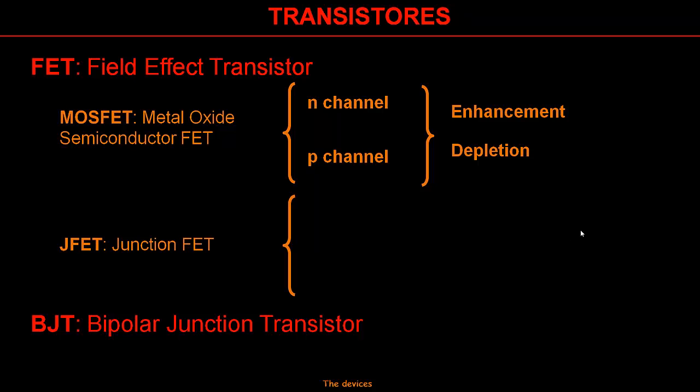Both could be enhancement type if a channel is not built by the manufacturer, or depletion type if it is done by the manufacturer. Finally, bipolar junction transistors can be made only in two ways, using a series of zones N, then P, then N, or instead P, then N, then P. See you in another video.